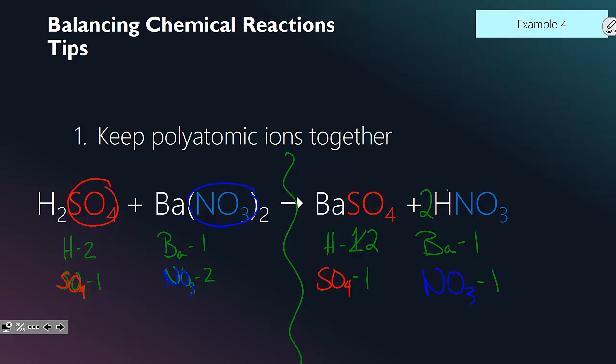I now have 2 hydrogens, but it also affects the nitrate. I have 2 nitrates. And that by itself balances this reaction. So my coefficients would be 1 to 1 to 1 to 2. If there's no number there, obviously there is a 1. So this reaction is balanced now.